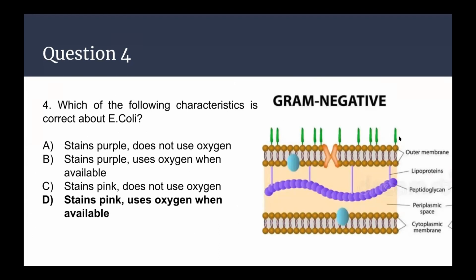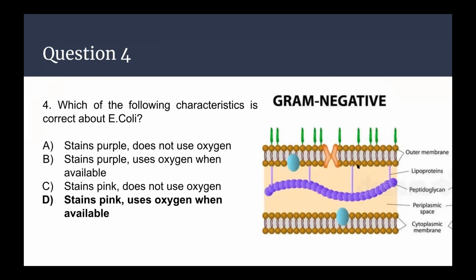Yeah, so when you're staining for bacteria, you'll always use a violet dye because peptidoglycan retains that purple dye. So the way I thought of it was gram-negative is negative for this purple dye, so it'll stain pink. The reason is that the dye can't stain peptidoglycan because it has an outer membrane covering it.